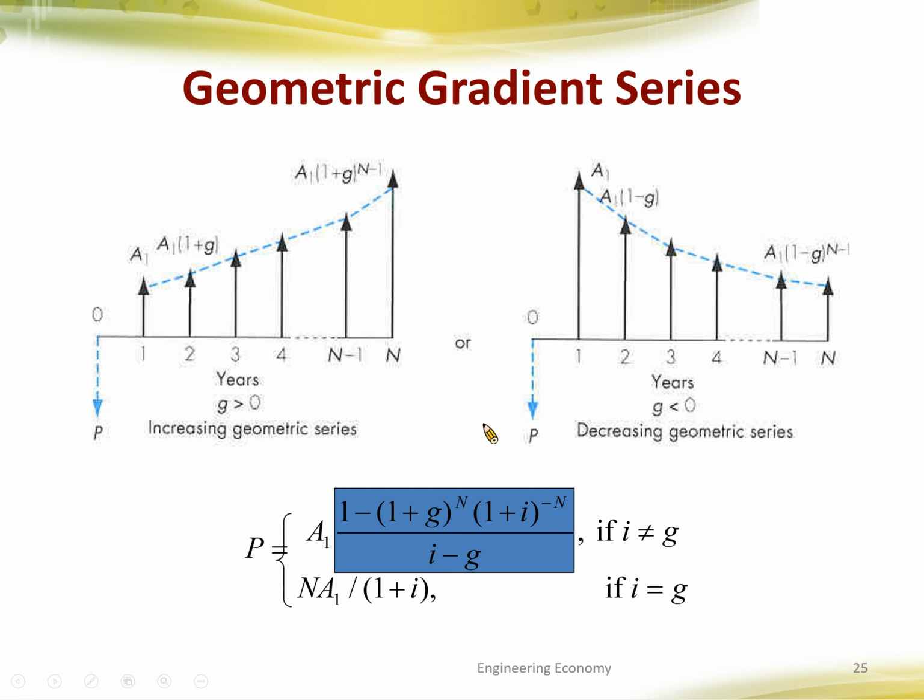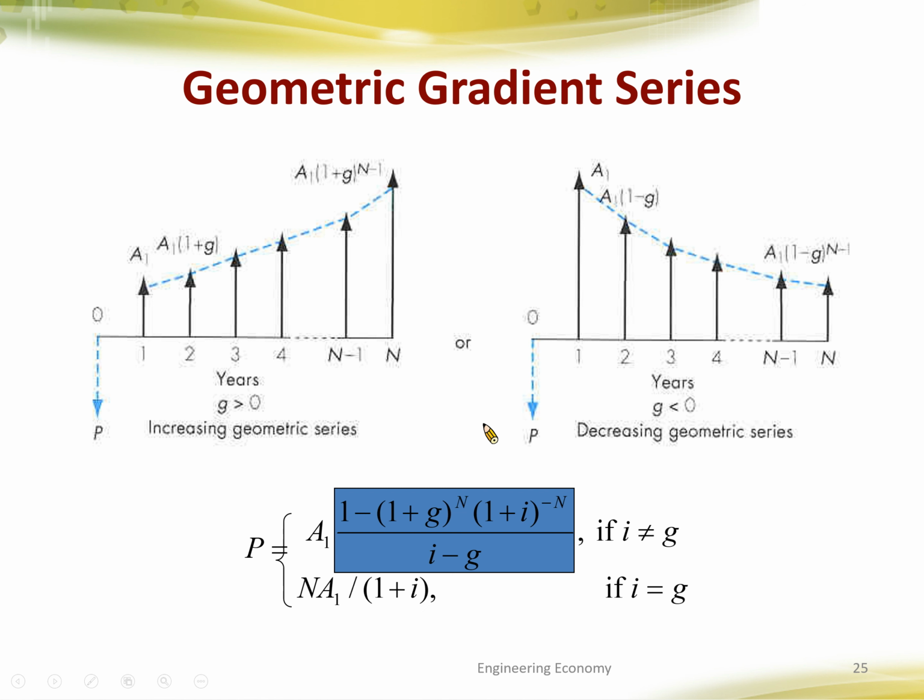Fortunately, we can also utilize lookup table methods or an equation to obtain the results. On the left side, when G is greater than 0, the cash flow goes up.